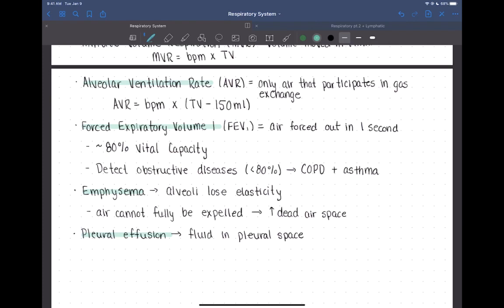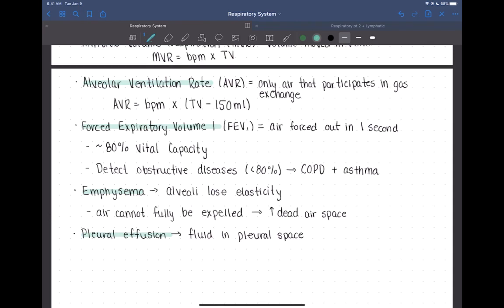And so if you have asthma or you know somebody who has asthma, you've probably seen this test done. You can even get what's called a peak flow meter to do this at home to measure this FEV1. And so we'll see less than 80% in patients that have asthma or some sort of obstructive disease like COPD or something like that.